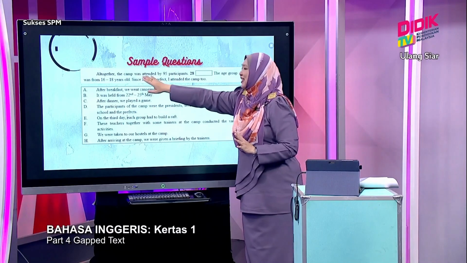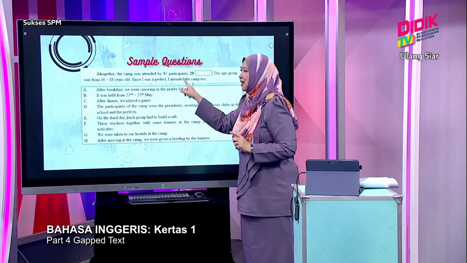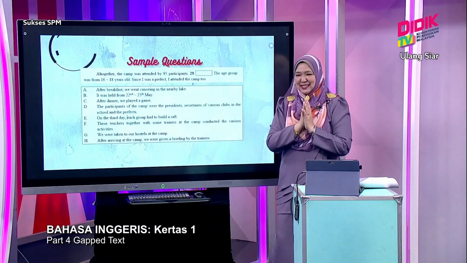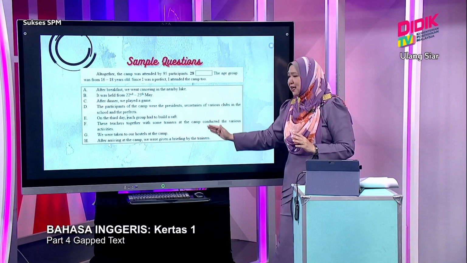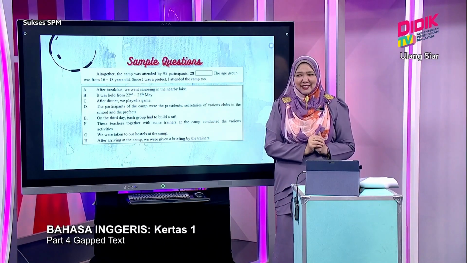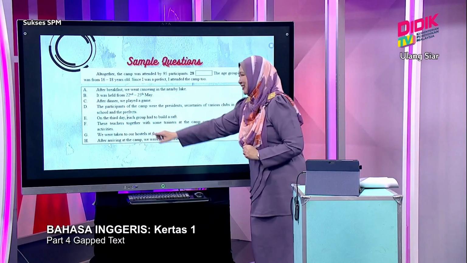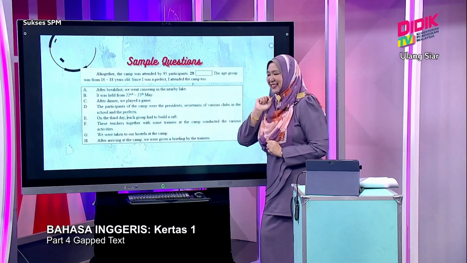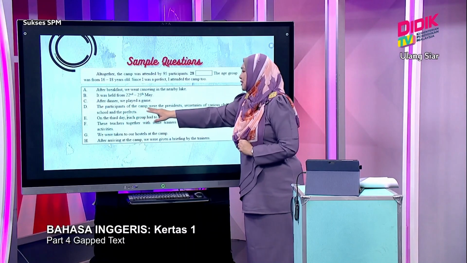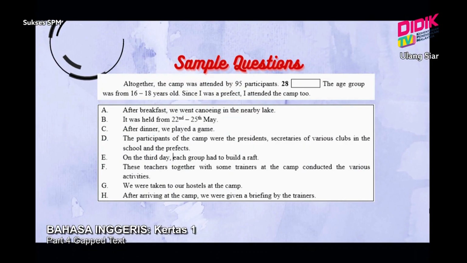The camp was attended by 95 participants. So do you have any participant in the options of the answer? It will be D: "The participants of the camp were the presidents, secretaries of various clubs in the schools and the prefects."